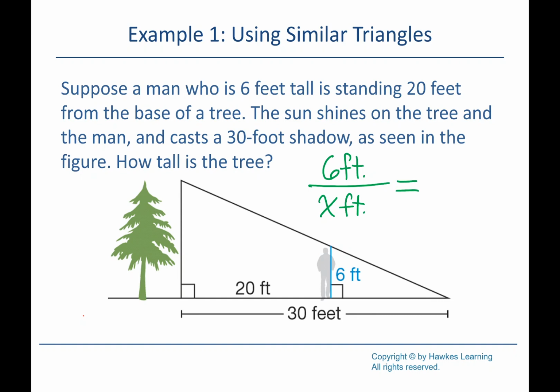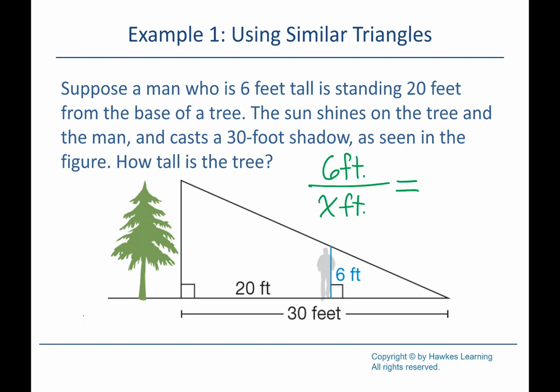So we need some other numbers off our triangle to set up the proportion. On this one, we don't have any numbers for the diagonal. We do have some numbers for the ground side, the bottom side though.